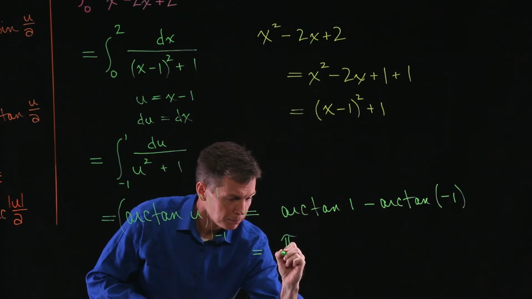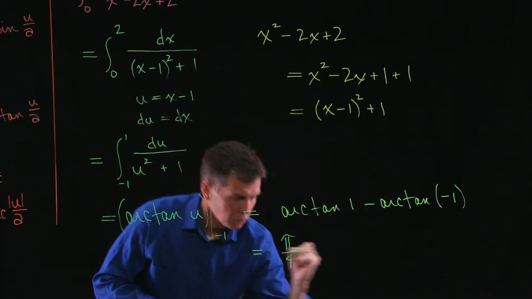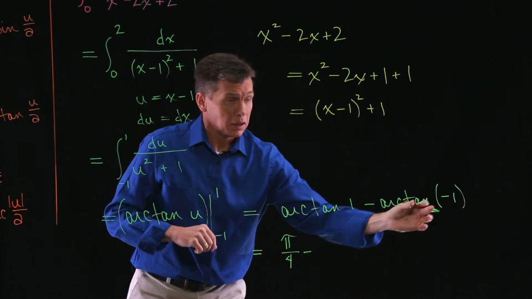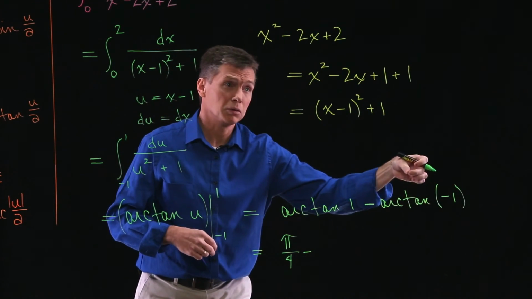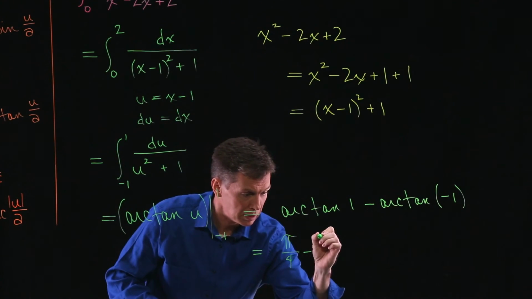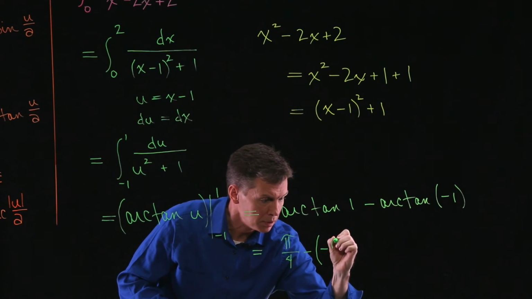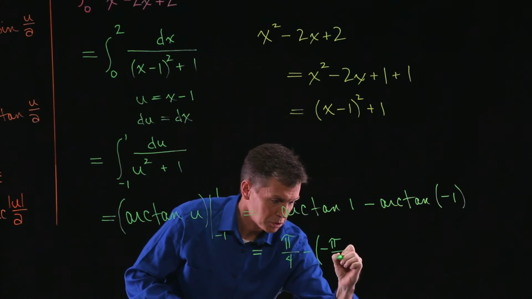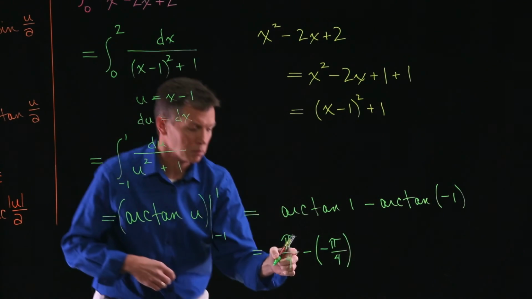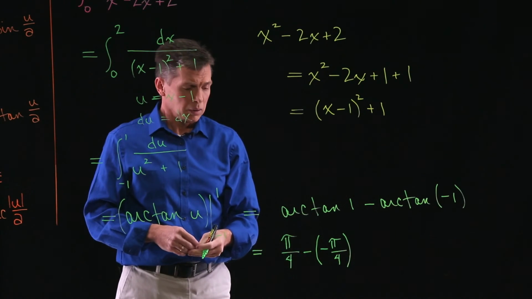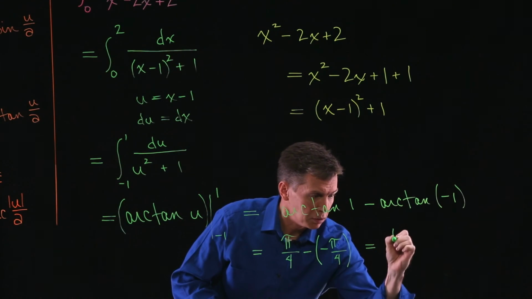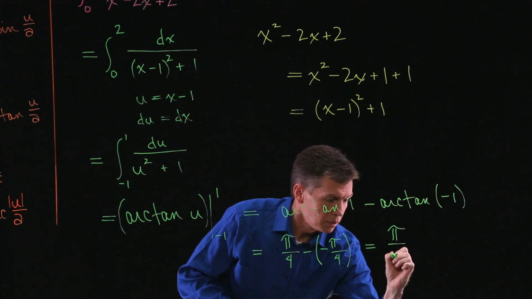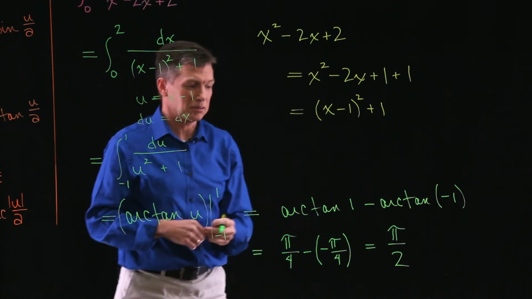Pi over 4. Subtract arctan of minus 1, where within the domain is the tangent equal to minus 1? That's actually a negative pi over 4. As always, watch your minus signs. We have a minus, so plus pi over 4. Pi over 4 plus pi over 4 equals pi over 2. And that's a great answer.